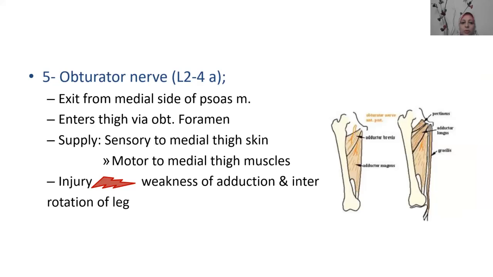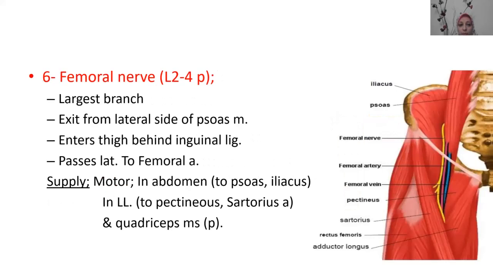So its injury leads to weakness of thigh adduction and internal rotation, and loss of sensation over a small part of the upper thigh. And the largest branch is the femoral nerve, which is derived from the posterior division of L2, 3, and 4. It exits from the lateral side of the psoas muscle and enters the thigh behind the inguinal ligament, just lateral to the femoral artery. It supplies muscular branches to the iliacus and psoas muscle in the abdomen.